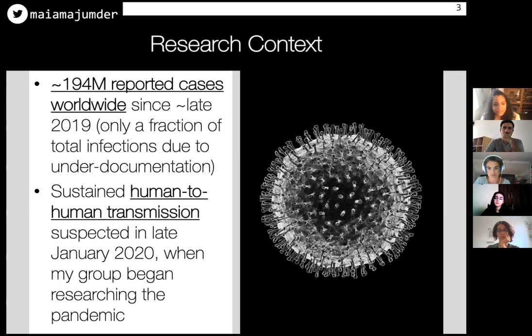For instance, though transmission of SARS-CoV-2 started in Hubei, China in late November 2019, as far as we know, it wasn't until late January 2020 that sustained human-to-human transmission was suspected, which is when my group began researching the novel coronavirus and its epidemiological characteristics.